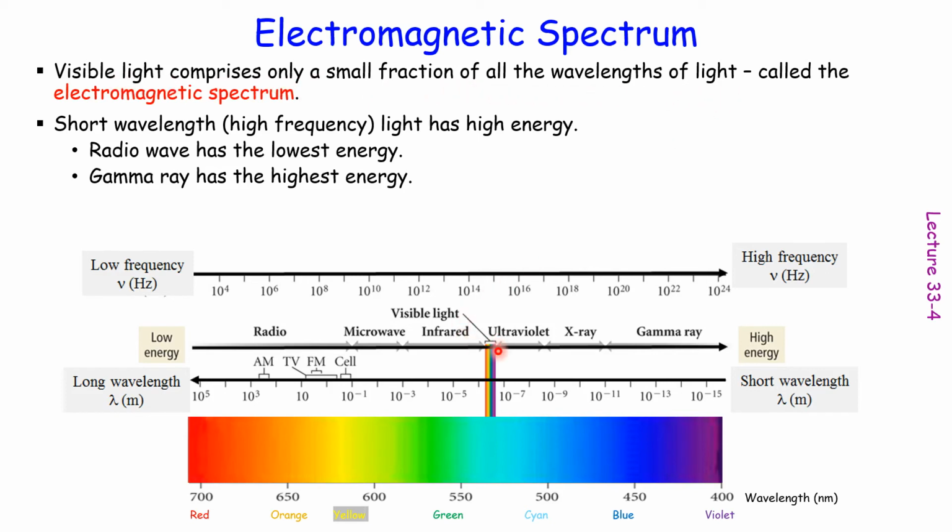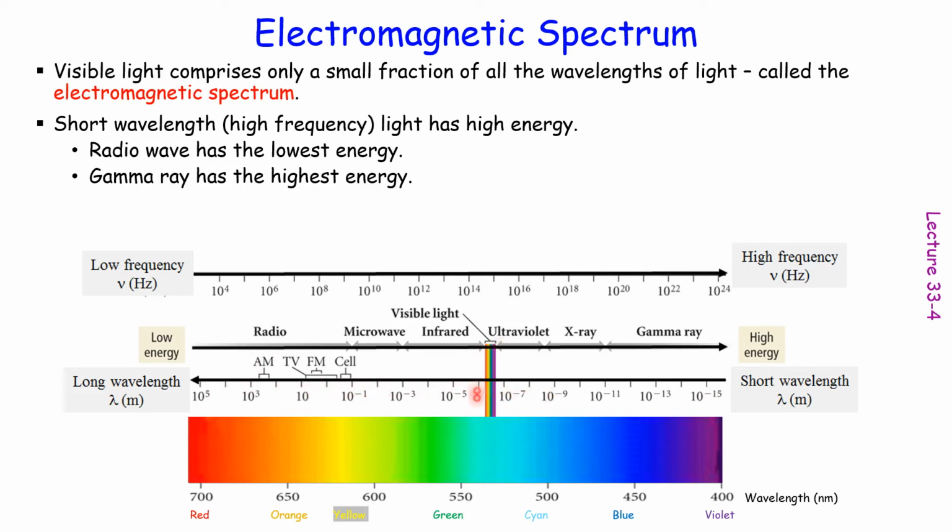Then after that, we have the ultraviolet, UV, X-ray, and gamma ray. Energy increases from the radio wave region to gamma ray. Gamma rays have the shortest wavelength in this spectrum, and radio waves have the longest wavelength on this spectrum.